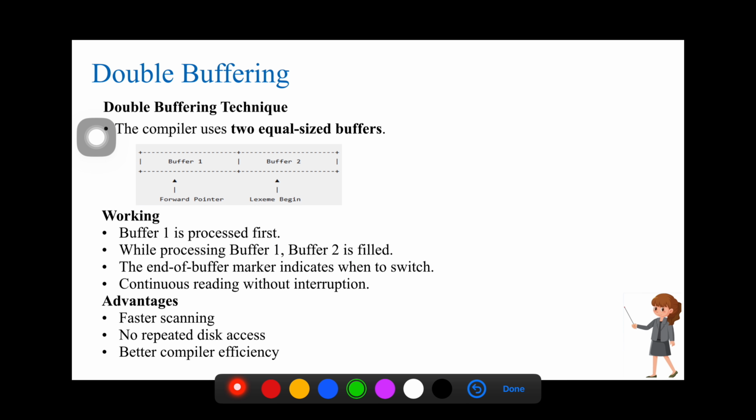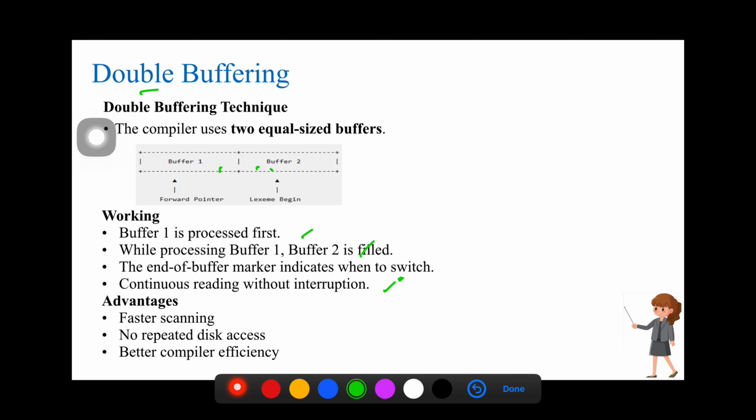While the second buffer is being processed, the first buffer is filled again. This process continues until the entire source program is read. This ensures continuous scanning without any interruption. You can see the buffers, first buffer and buffer 2.